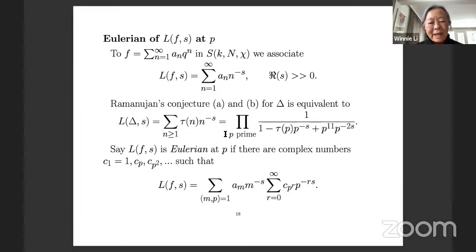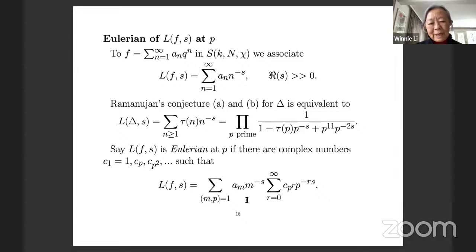So in general, we ask a more humble question. Okay, if we take the L function attached to f, we say that it's Eulerian at the prime p if we can separate its L function for the coprime-to-p part from the p part. So for the p part here, we just have a series in powers of p^(-s).